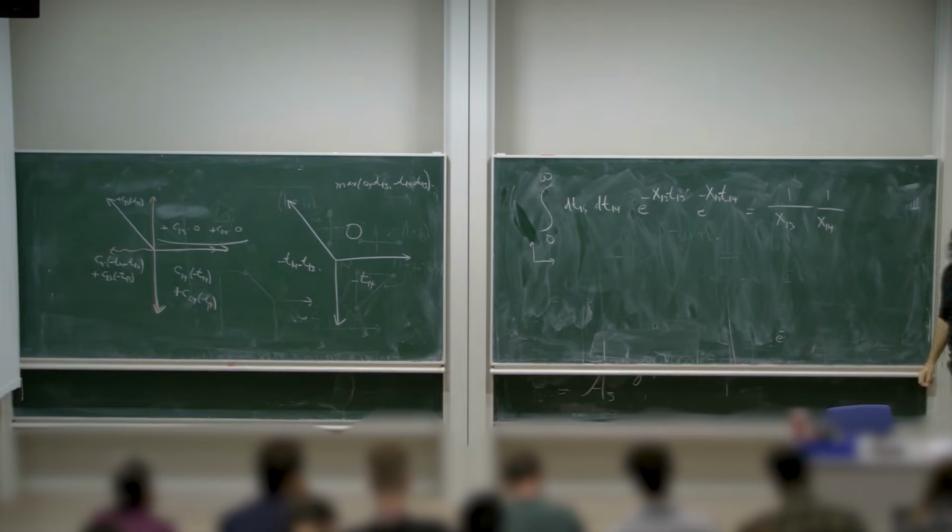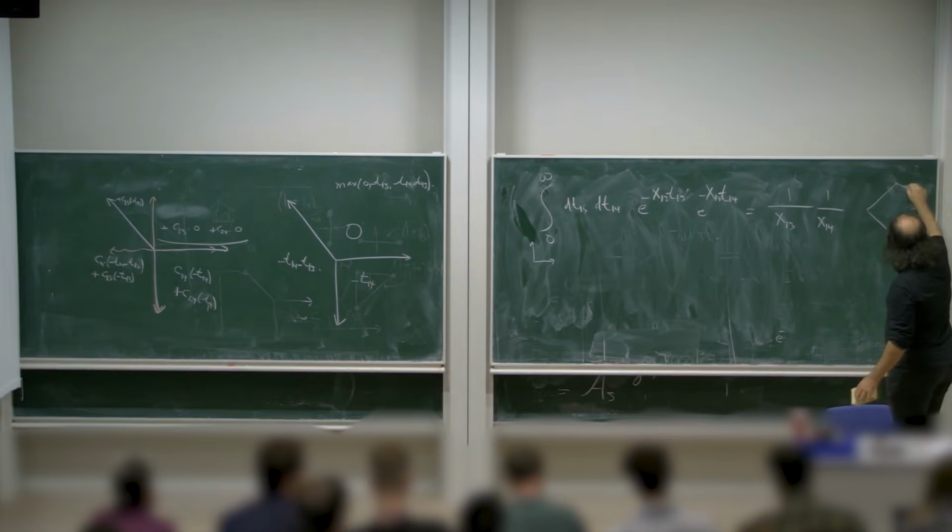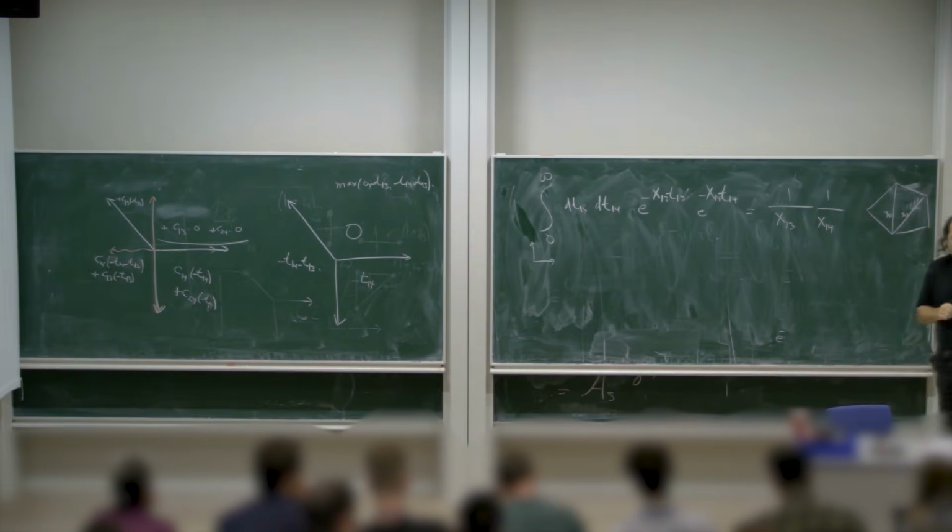And that's precisely the Feynman diagram that you'd associate with having these two chords, x13 and x14. That's exactly the Feynman rule that we'd associate with that.